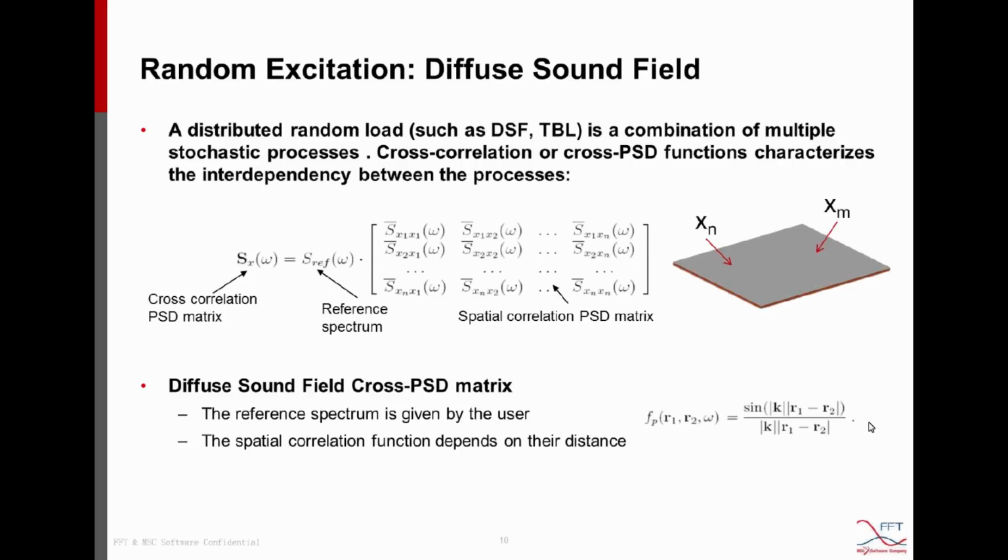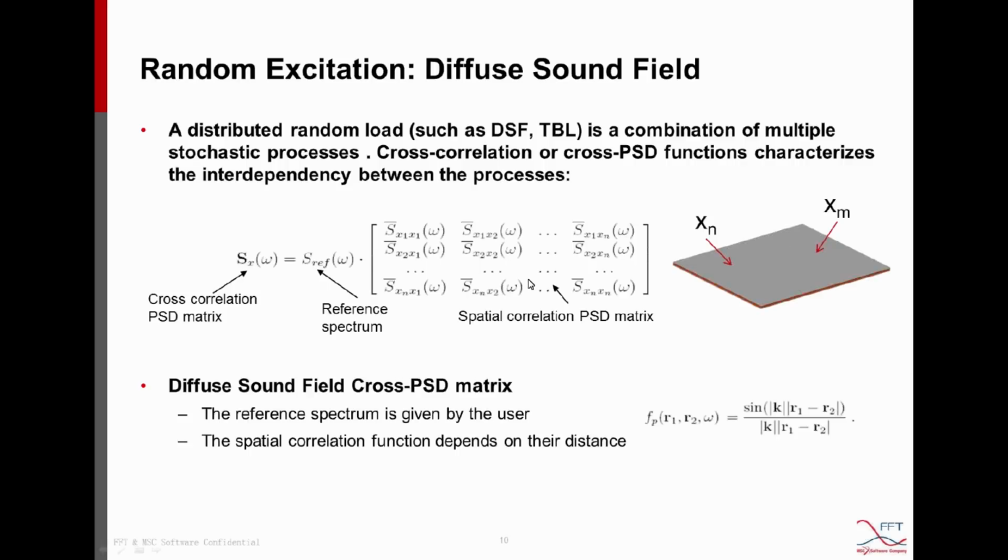correlation or relationships between excitation at one point on the plate and another point with a given distance to the first point. So a correlation PSD matrix defines the complete correlation relation of the diffuse sound field applied on the structure surface.